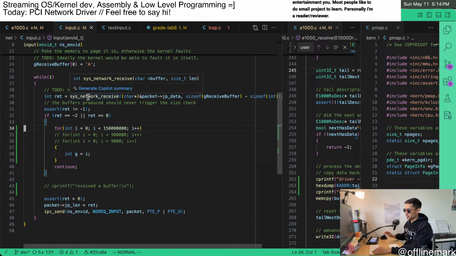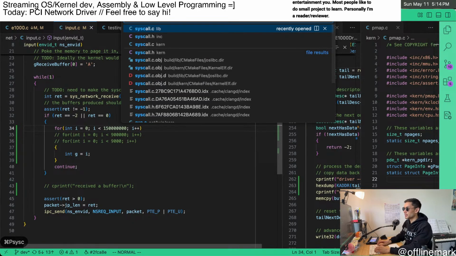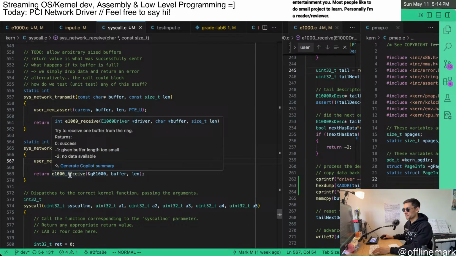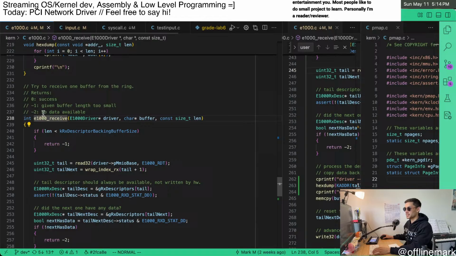And that system call is really simple. It doesn't really do anything. It just calls this function in the driver, E1000 receive, and that's what we were looking at. So that's just a bit to orient you. We have this user space program in a loop doing a very simple system call, which just calls into the driver, and it's calling this function a lot.